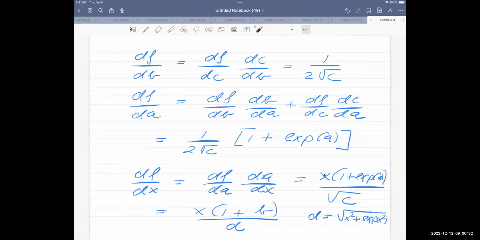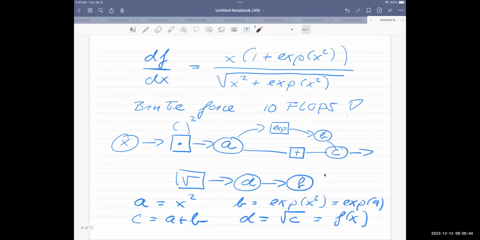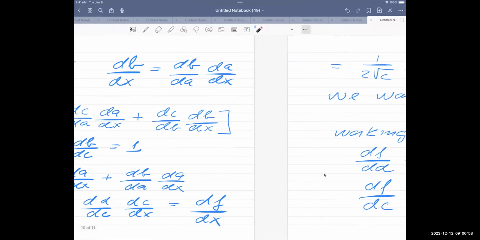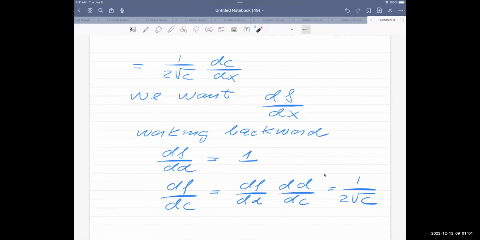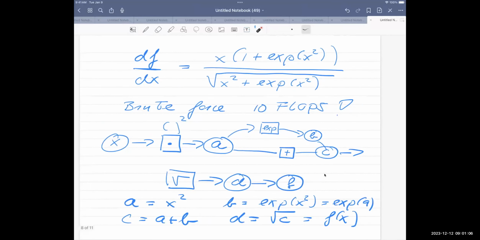So using this type of back propagation, I have predefined these quantities here. I calculate A, I calculate B, I calculate C here, and I calculate D. So with those pre-calculated, I need only 4 floating point operations to calculate F. So that means that my calculation of F now, if I go back to the expression here, requires only 4 floating point operations.